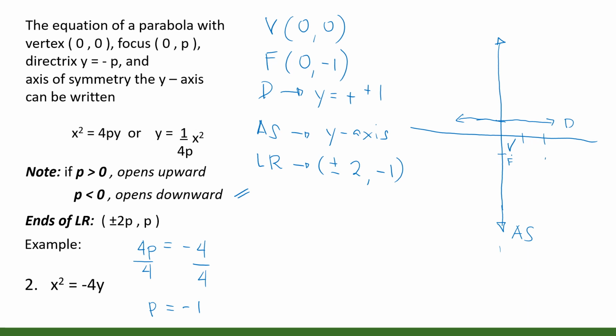And then, from the origin, we go left two units, down one to get negative 2, negative 1. Connect the points passing through the focus, so that is our latus rectum. And then from the vertex to the end points of our latus rectum, there, we now have a parabola. Okay?